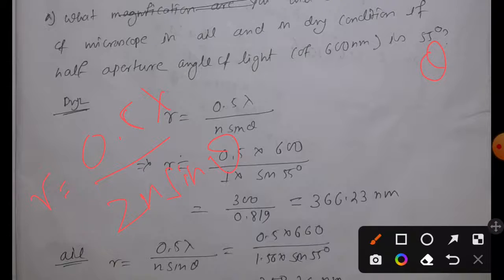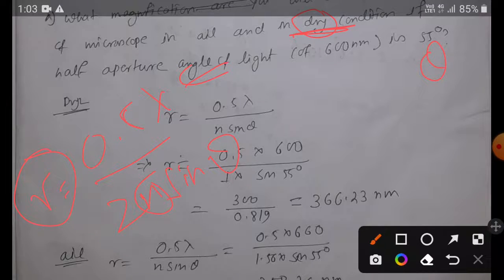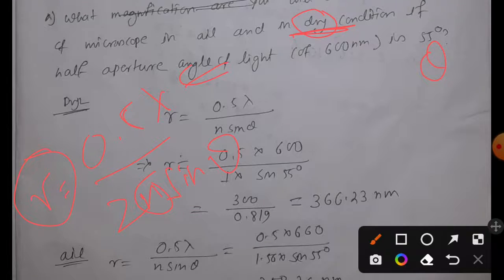Theta is 55 degrees, and we also have the value for lambda, that is 600 nanometer. We need n to find the limit of resolution, right? For that, please focus that in the question they mentioned dry condition. I have already told you that for dry condition the refractive index will be 1. So your value will be this one, and by simply solving that you will get this answer.